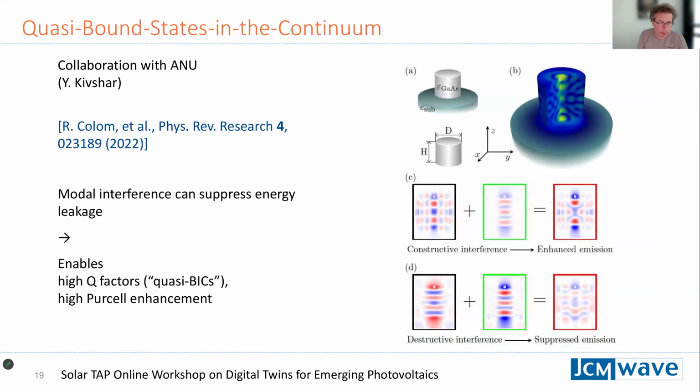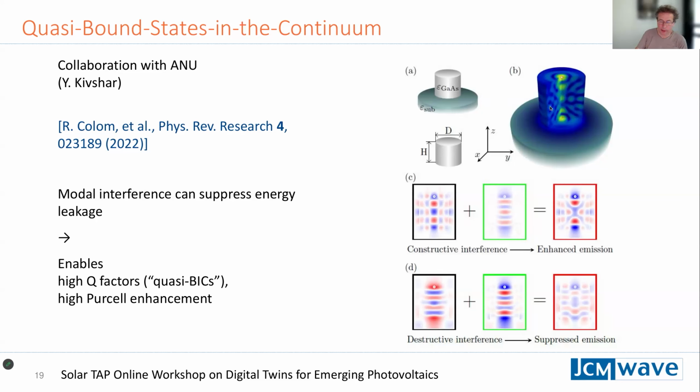Then, for example, quasi-bound states in the continuum, where you have isolated resonators, which may be fully dielectric and relatively small, but still you want to reach high Q factors. So this can be reached by a modal interference of various of the modes which are supported by this geometry.